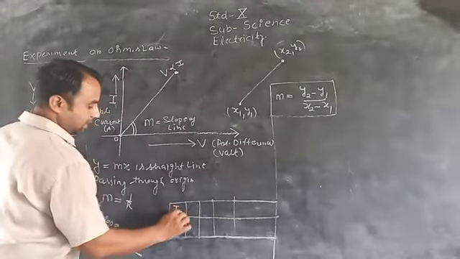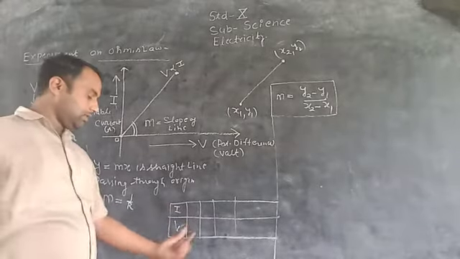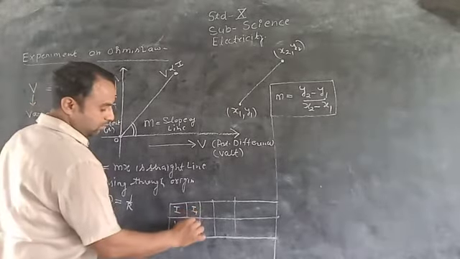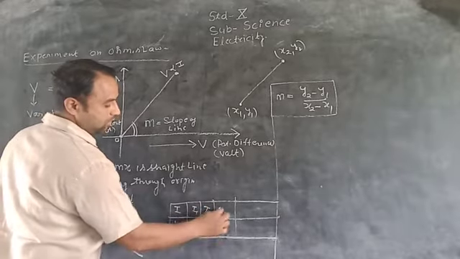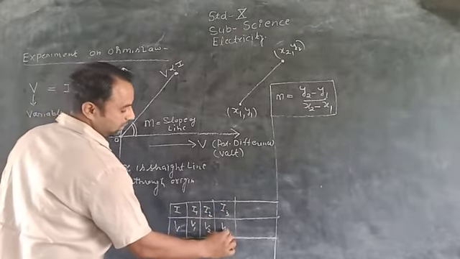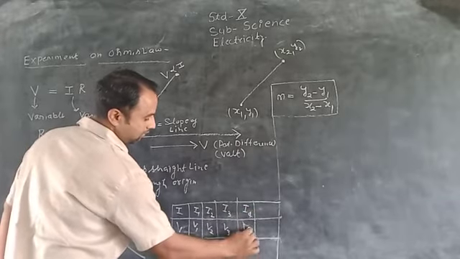Here we take the current, here we take the voltage, and various values of the current. Current is I1, voltage achieved V1; current is I2, voltage achieved V2; current is I3, voltage achieved V3; current is I4, voltage achieved V4.